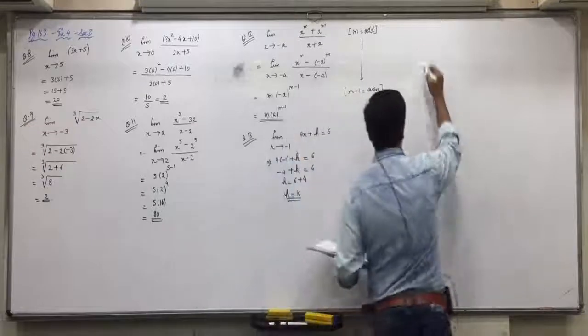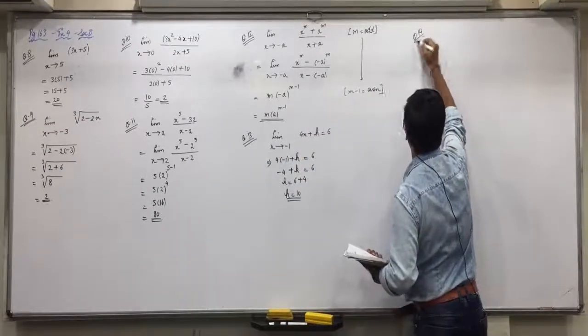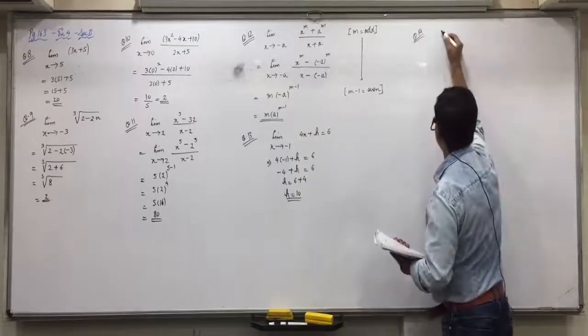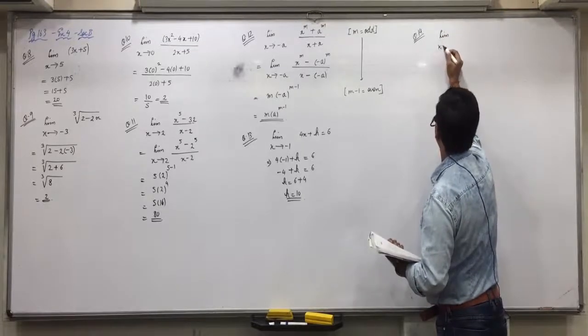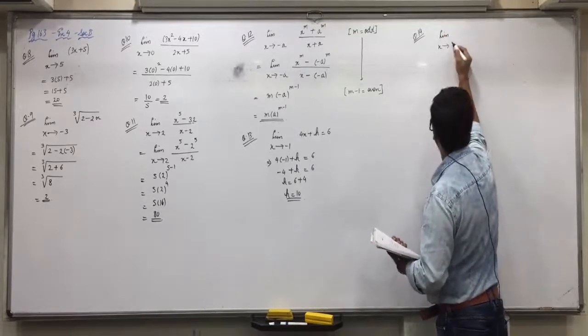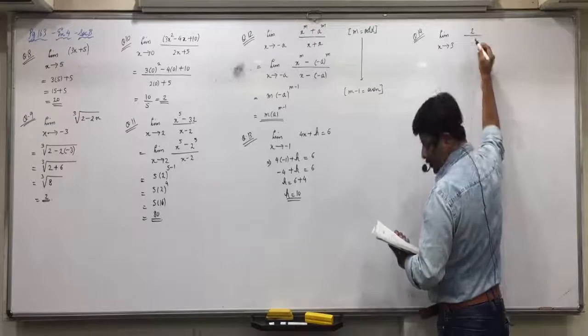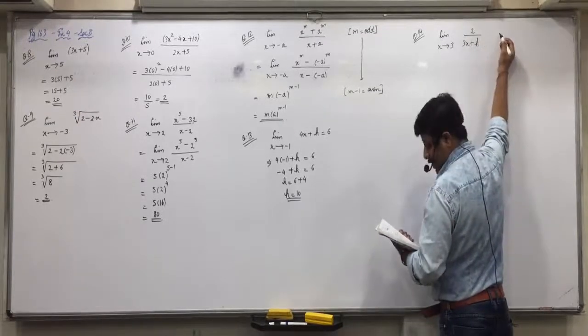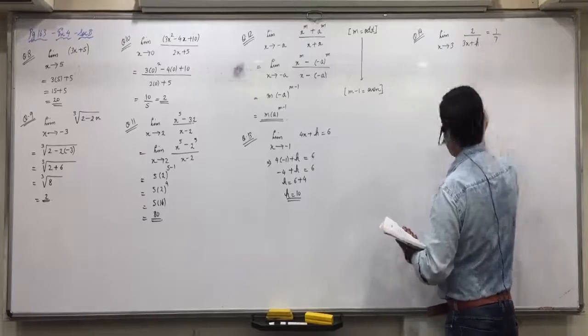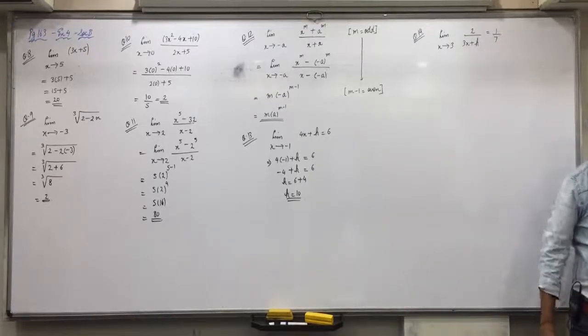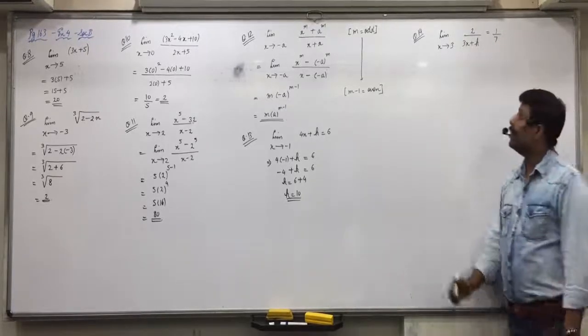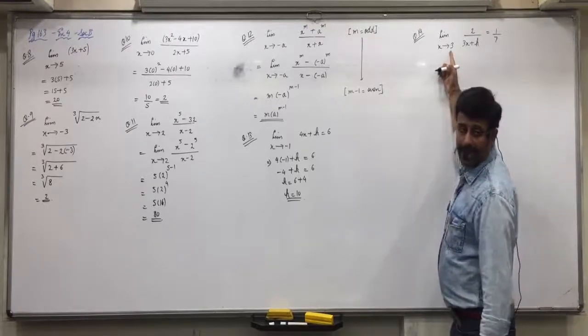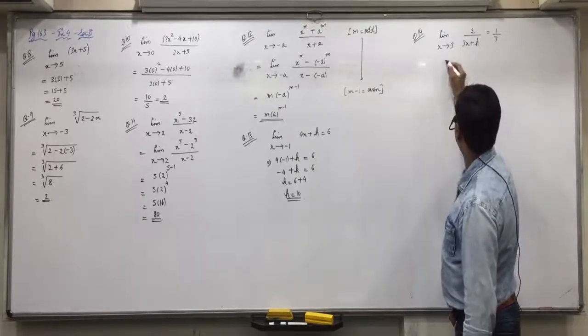And the last question of the chapter. Limit x tends to 3 of 2 upon 3x plus k is equal to 1 upon 7. Same thing. In x you'll put 3 and simplifying it you get the value of k.